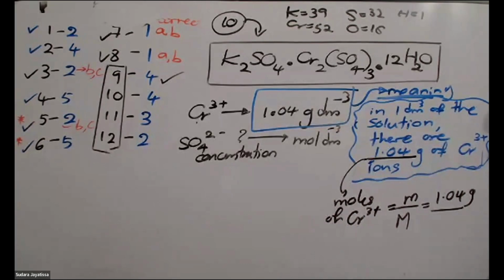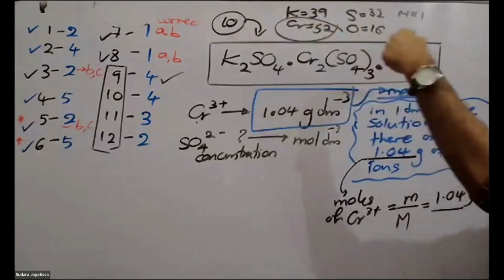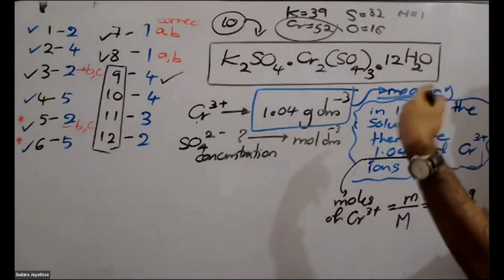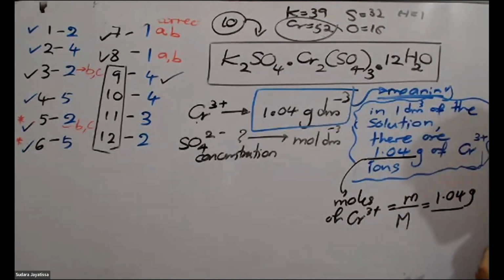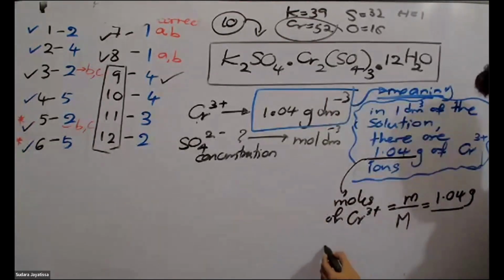What is the molar mass? What they have given is chromium equals 52, which will be the molar mass of chromium itself. So M chromium is 52.